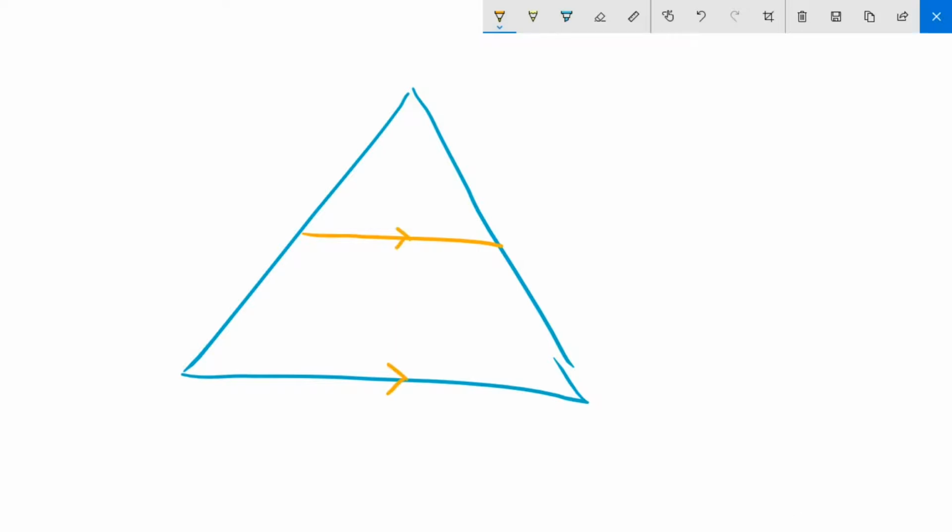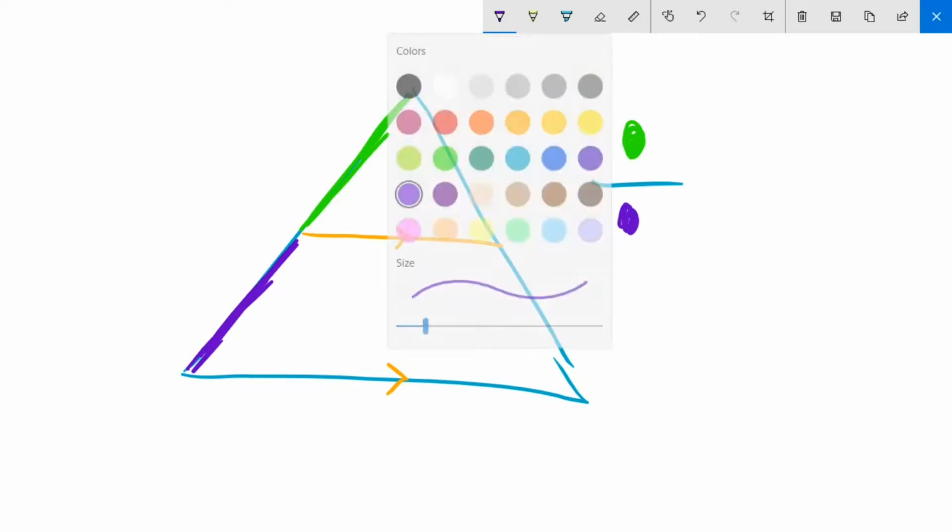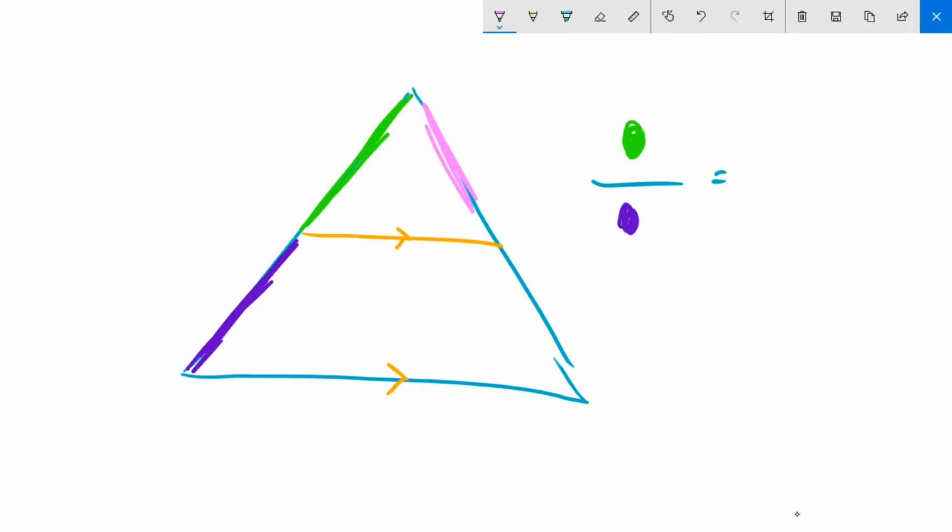Then all they're telling you is that this length in green over this length right here in purple is going to be equal to this length in the pink over this length in the red. If you have a line and it's parallel to another side, then the lengths are going to have equal proportions in this format. All right, next up.